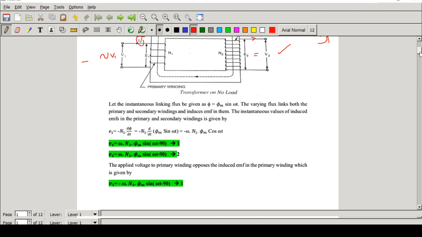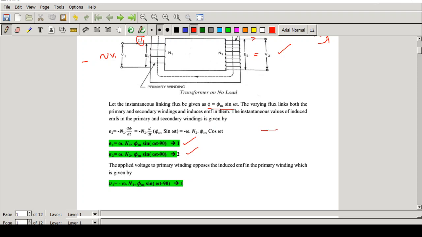Now, as we have learned before, the expression for the flux is phi equal to phi m sine omega t. We already saw the derivation of the induced EMF. Here you can see that both E1 and E2 are lagging behind the flux by 90 degrees.